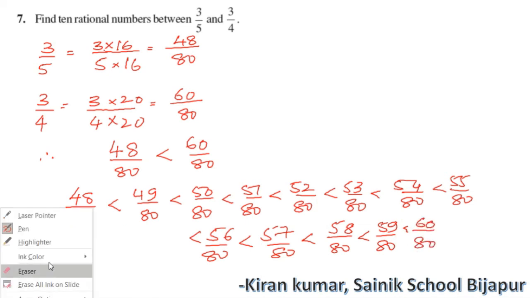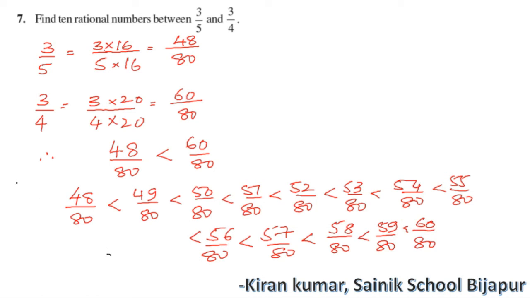These two numbers, 48 by 80 is same as 3 by 5 and 60 by 80 is same as 3 by 4. So between them I have found 11 numbers.